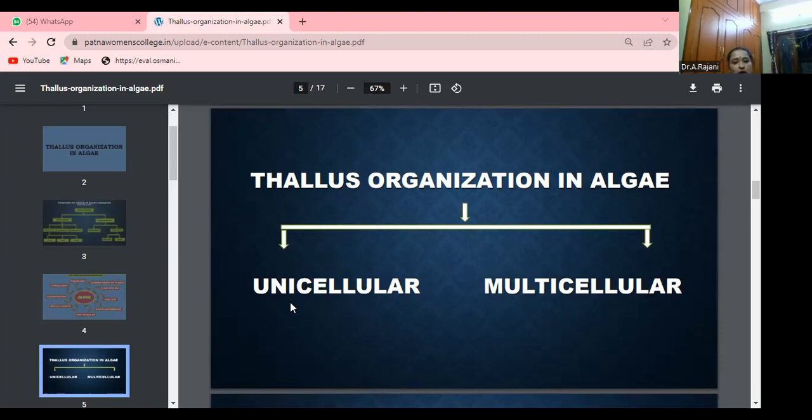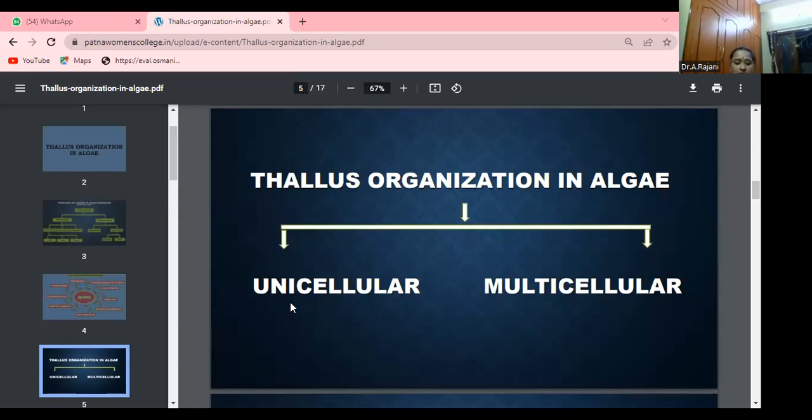All are found in water, yes or no? Some are freshwater, some marine water, as I explained in the last class. Among these 35,000 species, you can identify which class, what is the algae, what is the species level, what is the genus level. The basic thing is the thallus, which is unicellular or multicellular.